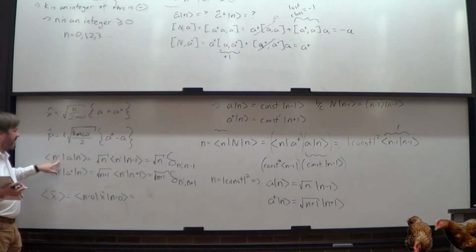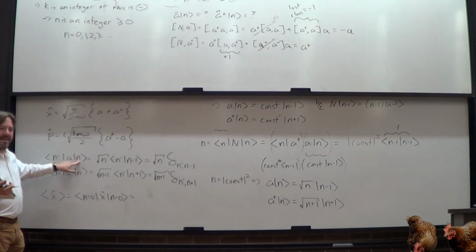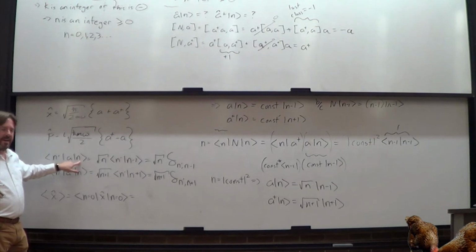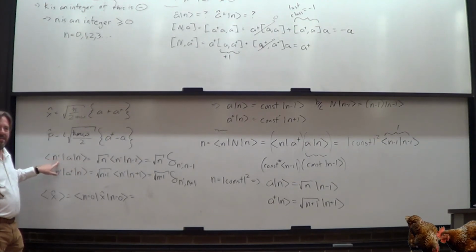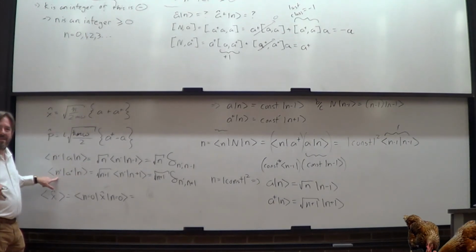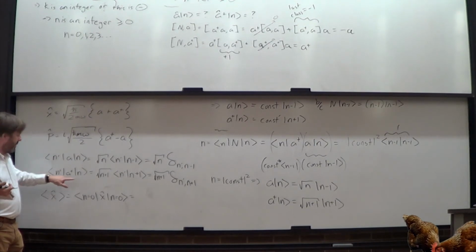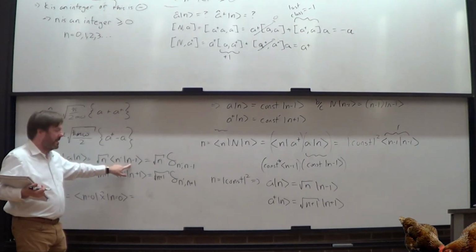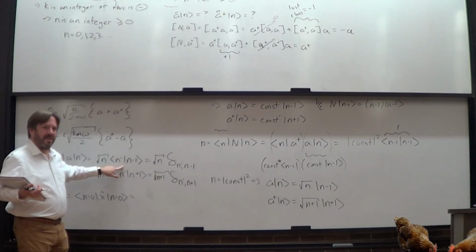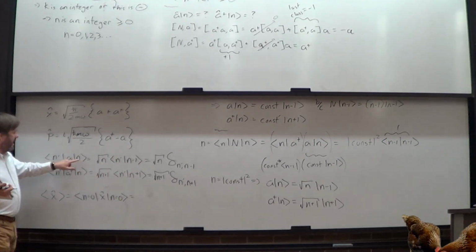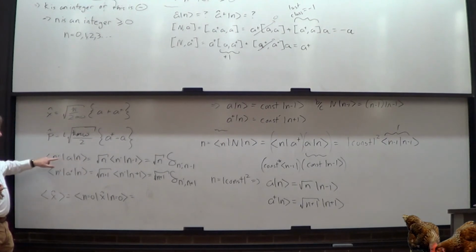This state has to be 1 minus that state. So if this is the first excited state, then this has to be the ground state. And this one, if this is the ground state, that has to be the first excited state. Because annihilation knocks you down 1, and then the overlap of two different states is 0, unless this state is that state.